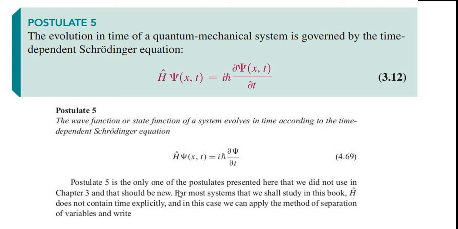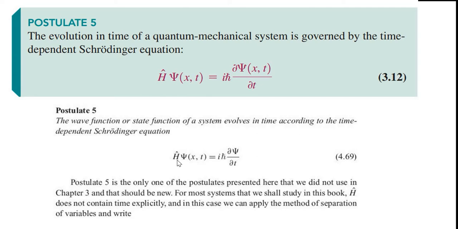Postulate 5 is the only one of the postulates presented here that we didn't use in chapter 3. Both the books are saying it in the same language. For most systems that we shall study in this book, H hat doesn't contain time explicitly, and in this case we can apply the method of separation of variables and write. One more thing: time is there as a variable coming into the equation, and that would make psi time dependent, but the Hamiltonian itself may or may not contain time explicitly.